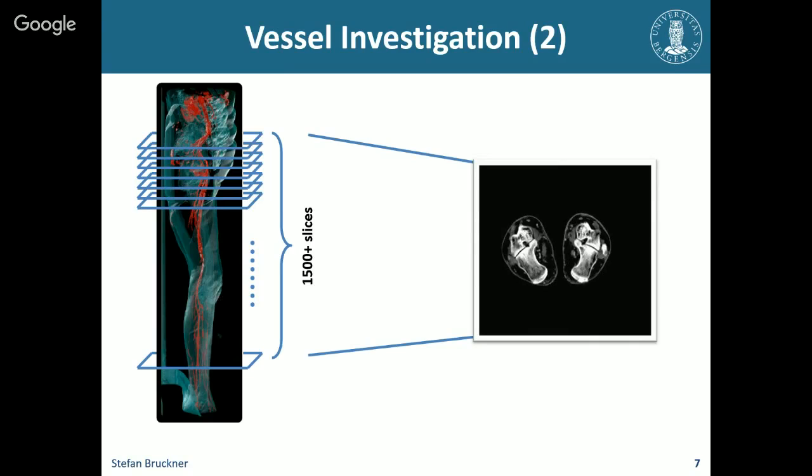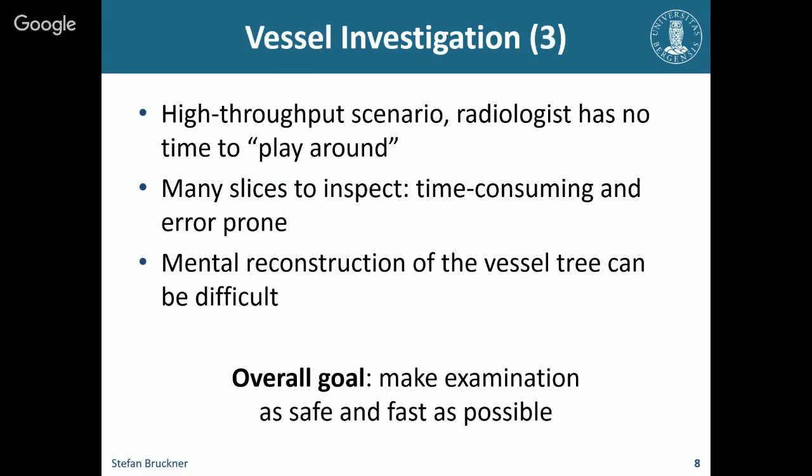As you can imagine, this is quite time consuming, but also requires a lot of concentration. And if the vessel may also be located within the slice plane, then it can be quite difficult to mentally reconstruct the shape of this vessel and to assess whether there is still a viable lumen in this blood vessel.